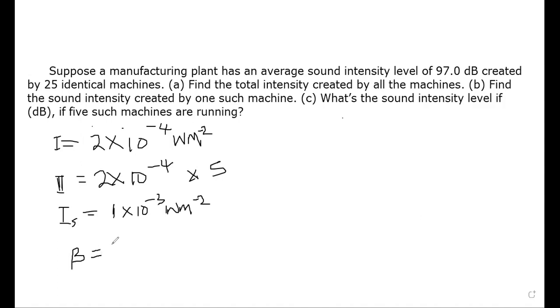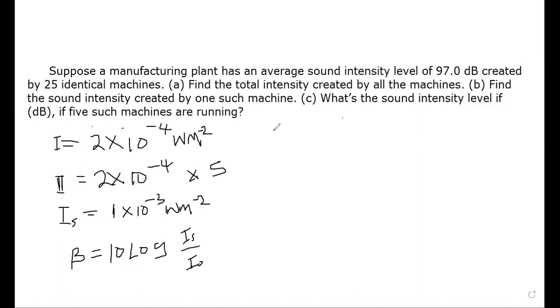So simply use the expression 10 log I for 5 machines all over I naught. Of course, we know that this one is a constant.